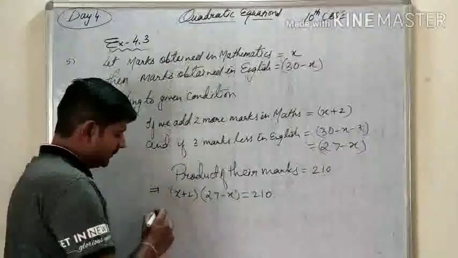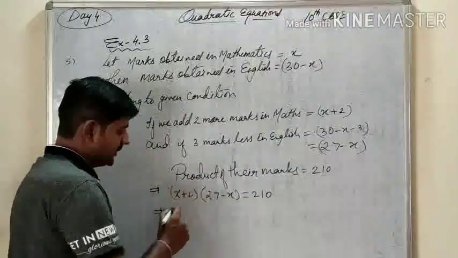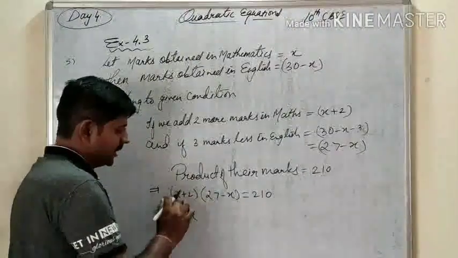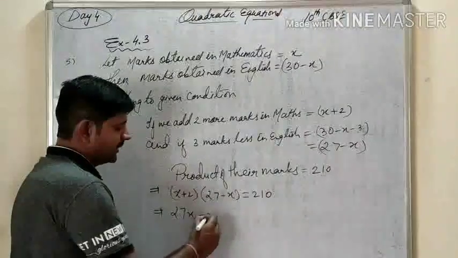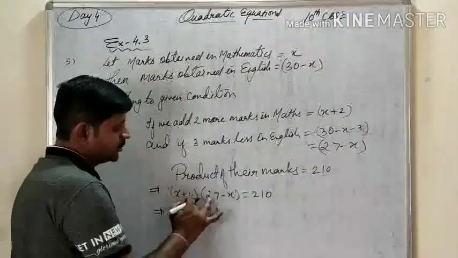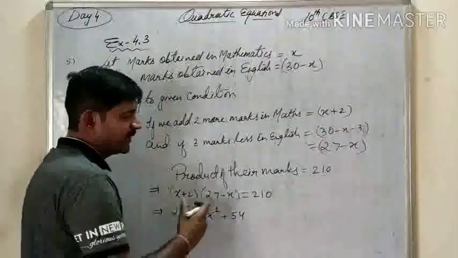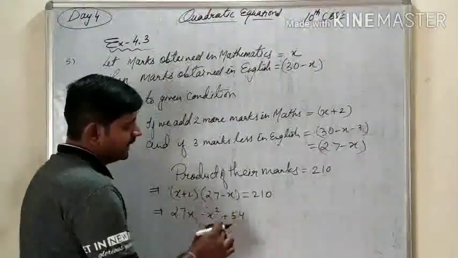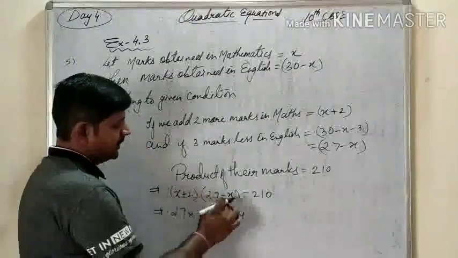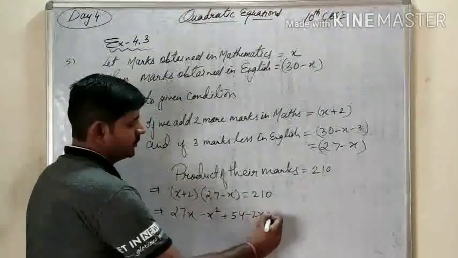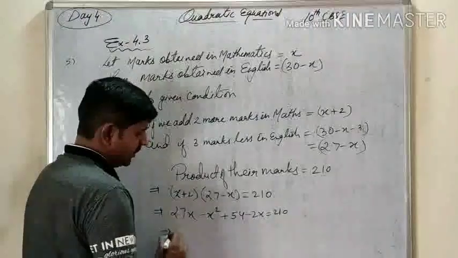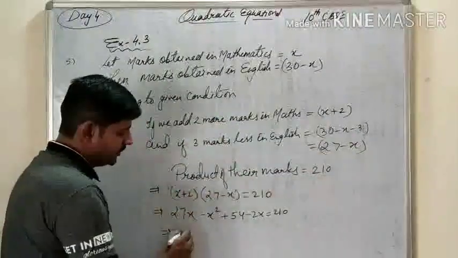If you multiply x into 27, we get 27x, x into x gives x square but negative. 2 multiplied by 27 is 54. And 2 multiplies negative x, so there will be negative 2x. We shift all the terms to the other side, so there will be 0.